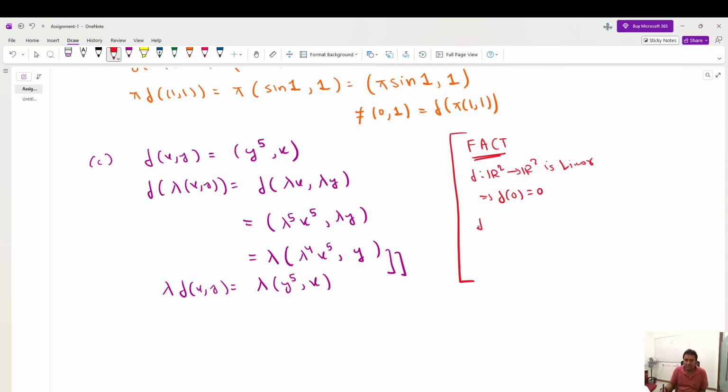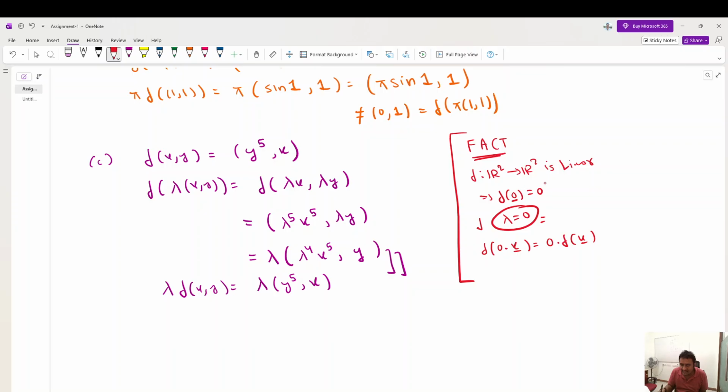Why? Because you can always take your lambda to be 0 and any other point, so you will get 0 into some vector x.